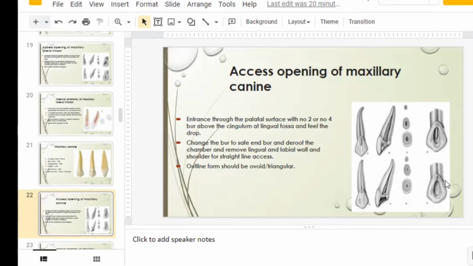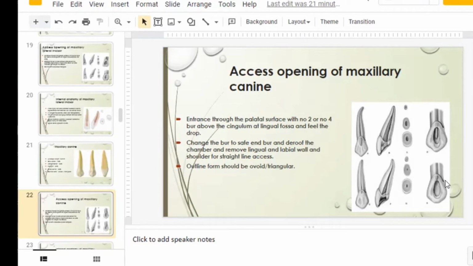Then after we get the drop, we change to the number 4 round bur to widen the roof. After that, de-roofing is done with the round bur or safe-end bur, and then flattening the walls with the safe-end bur.